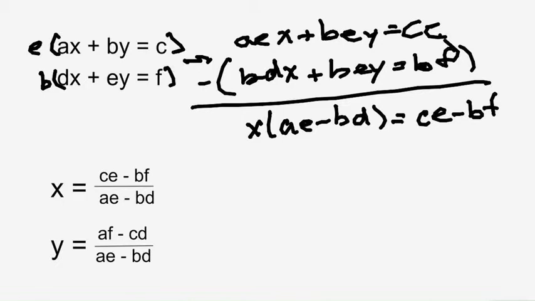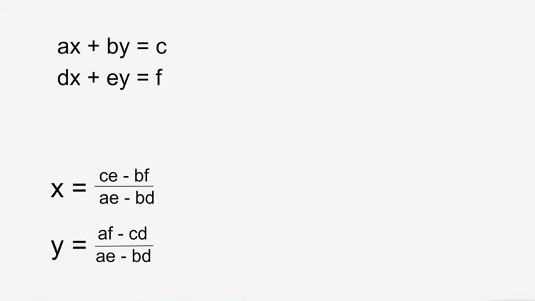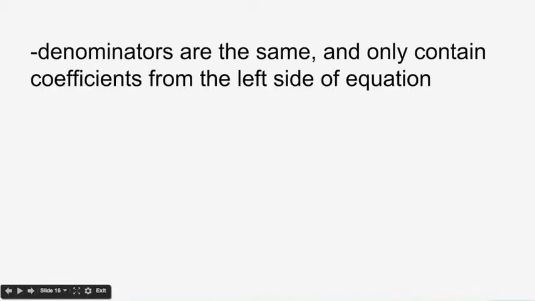And if we're looking at these, you can observe a couple things that they have in common. A couple observations are that for both X and Y, the denominators are the same, but the denominators only contain coefficients from the left side of the equation, the side that has the X's and the Y's.